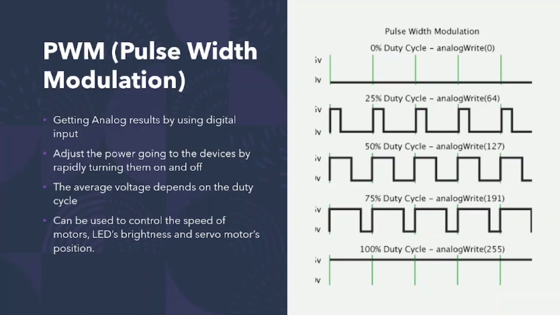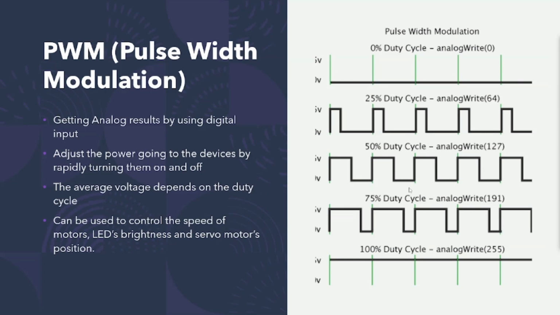So if we keep the period the same like this, the output voltage is going to be half of the maximum, which is 2.5 volts. With this technique, we can control the speed of motors, LED brightness, and the servo motor position.